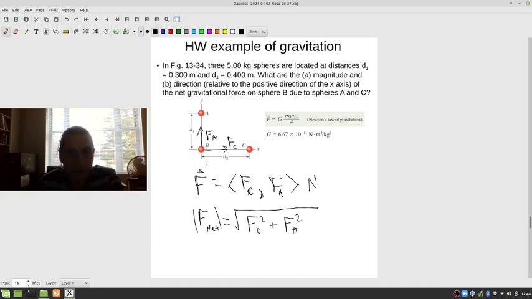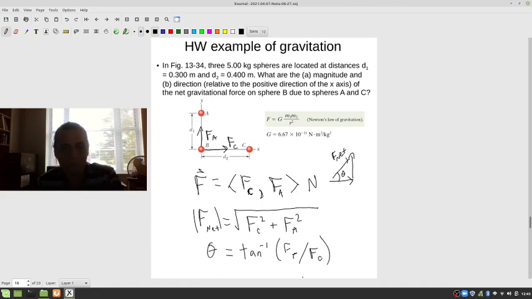And the same goes for finding the angle: you'd use the inverse tangent of FA over FC.